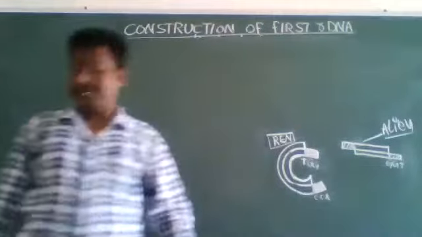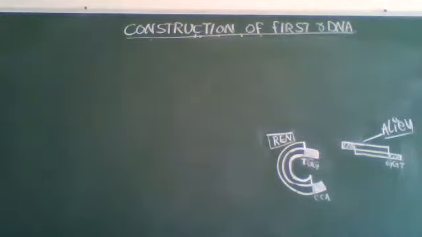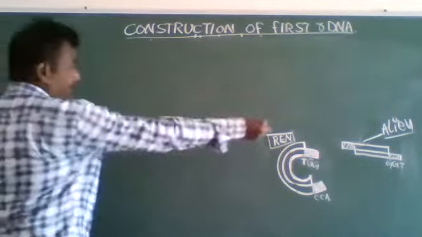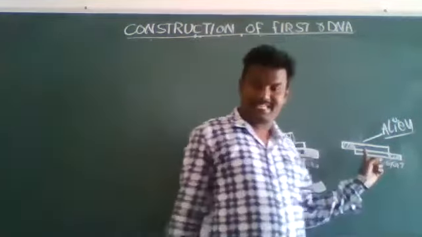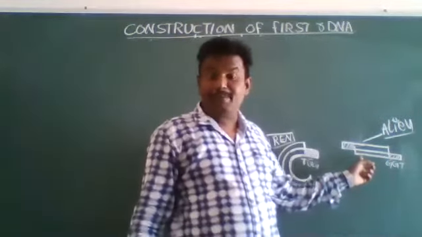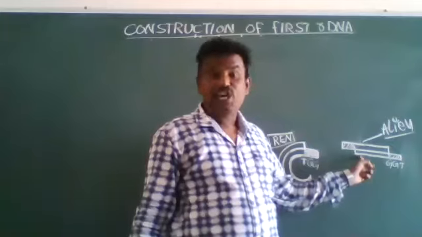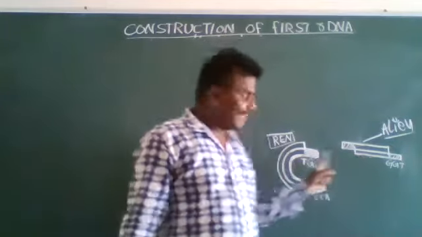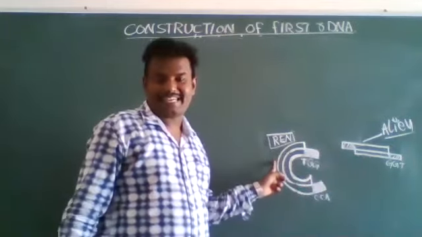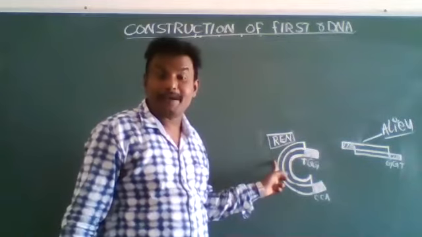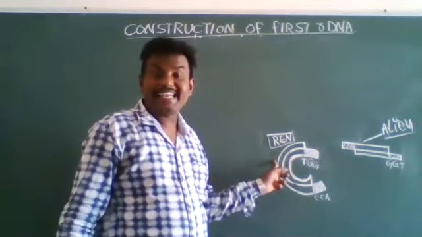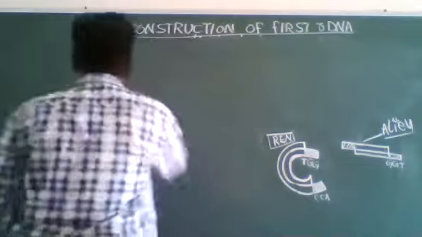Okay. Next point, next topic. The piece of DNA having the antibiotic resistance gene was then linked with plasmid DNA with the help of DNA ligase enzyme.